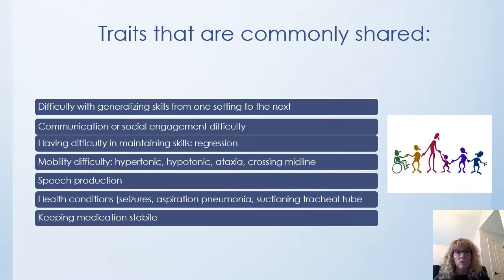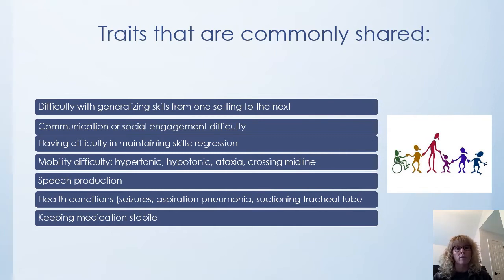And some health conditions. When I worked with students with severe disabilities, I had a few students that had many seizures. So you have to make sure that you are recording those, how long they lasted and what happened to the child while they were going on. If they have aspiration pneumonia, more than likely they're going to be home or in the hospital, but you also need to make sure that you know how to suction them out if they have extra fluids or they have a tracheal tube.